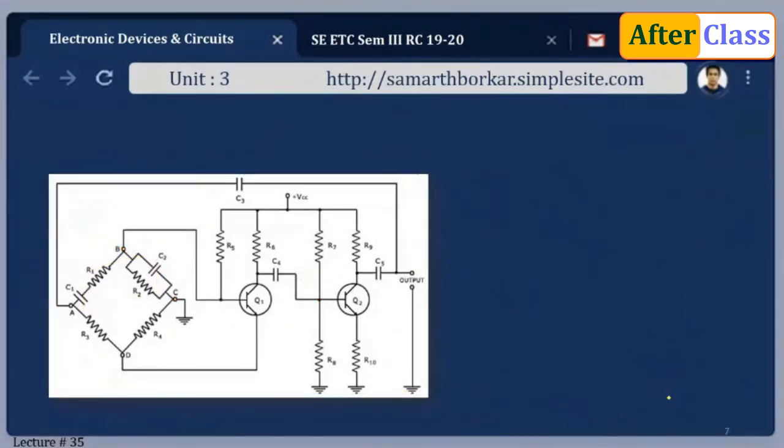So in the bridge circuit, this R1 is in series with C1, and here R2 is in parallel with C2.